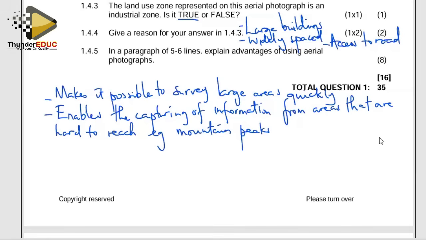It's a hard to reach area. It's not easily accessible. Or for example, some gorge areas. You cannot get into a gorge. Some gorges are very deep and there is not even a way of accessing them. So you can use satellite imagery or aerial photographs to get access. Or in some places with thick forests, you want to study parts of maybe a national park.